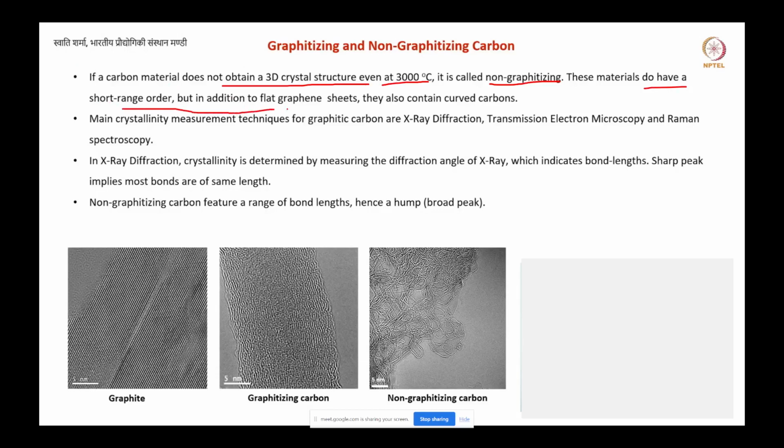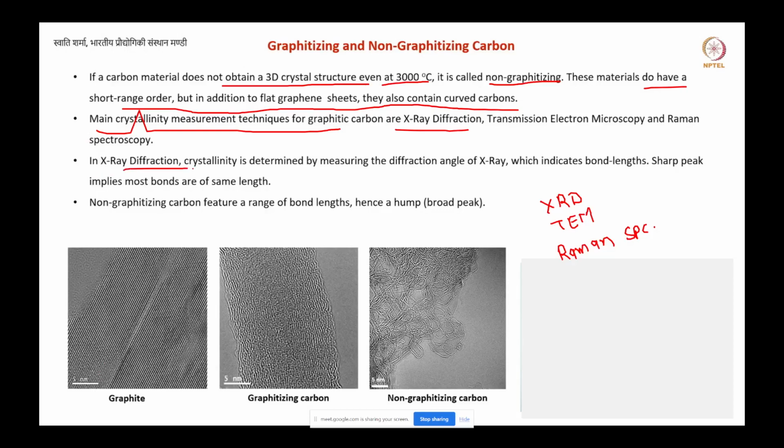So these materials do have a short range order, but in addition to flat graphite sheets, they also contain curved carbon. Main crystallinity measurement techniques for graphitic carbon are X-ray diffraction. So here, how will you measure the crystallinity? You can use XRD, TEM, also you can use Raman spectroscopy.